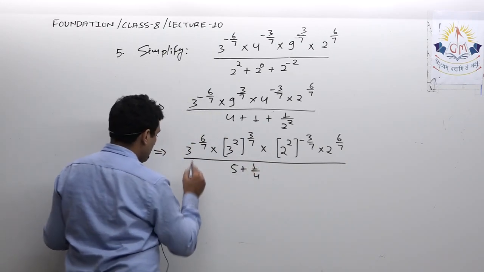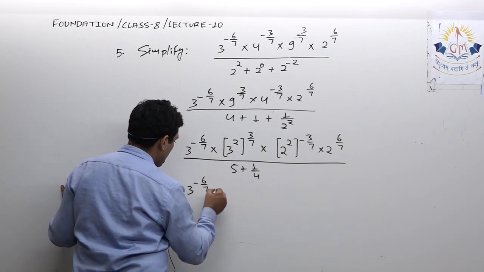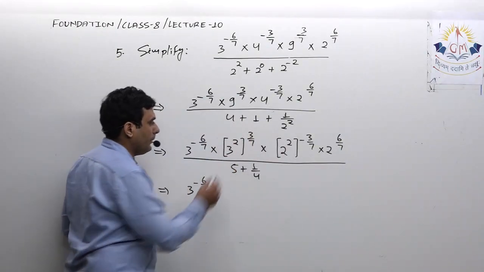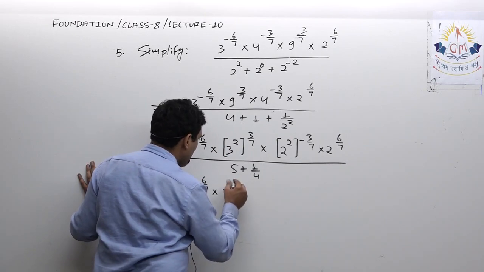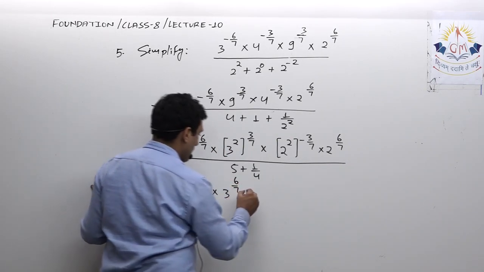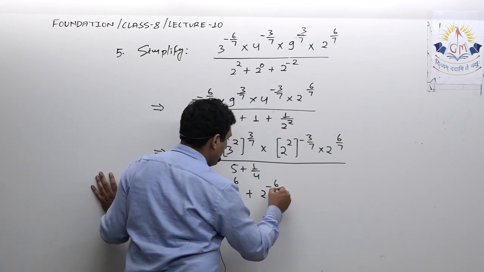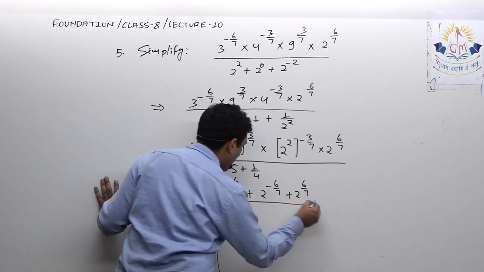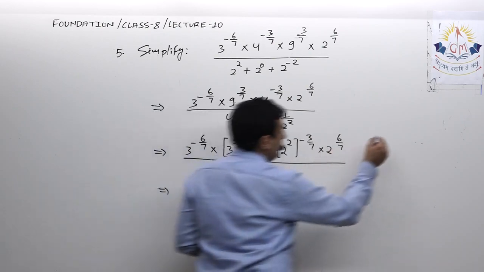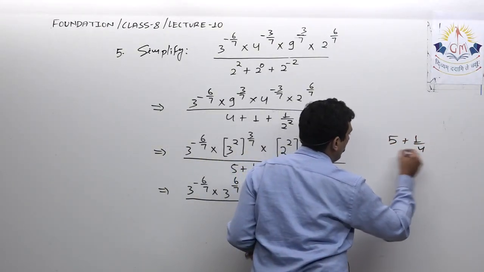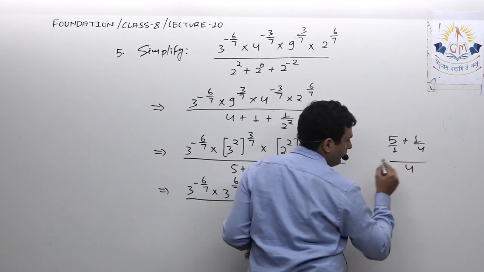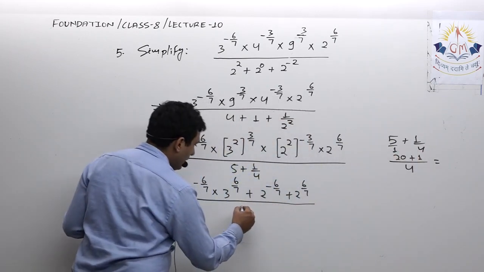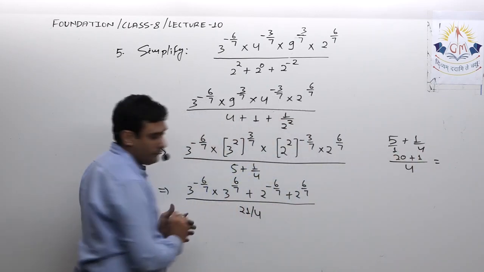Now if I apply the power to power law, the powers will be multiplied. So I get 3 raised to minus 6 upon 7 plus 6 upon 7, into 2 raised to minus 6 upon 7 plus 6 upon 7, divided by, taking the LCM over here, 20 plus 1, 21 by 4. So here I will get 21 divided by 4.